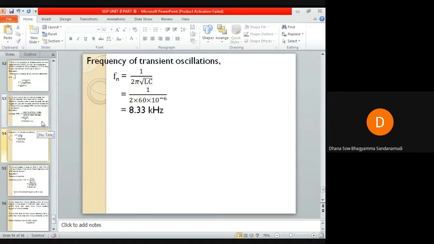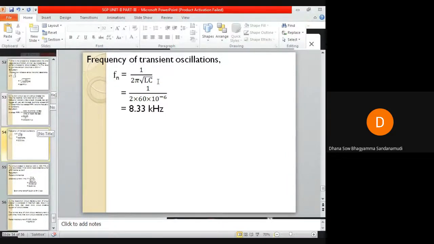So directly instead of pi root LC, you can write T max.